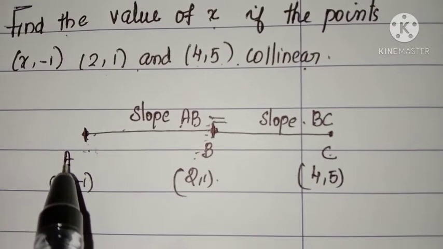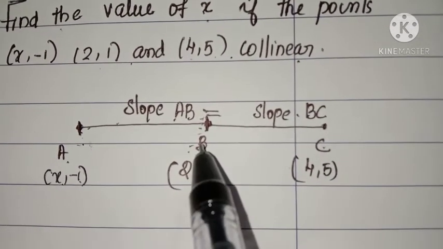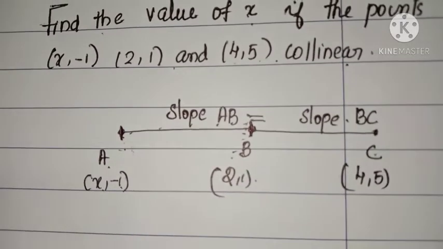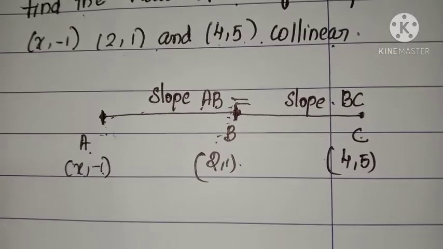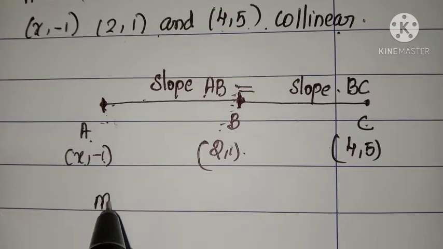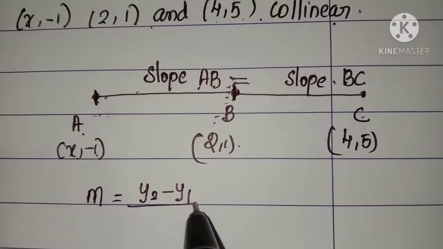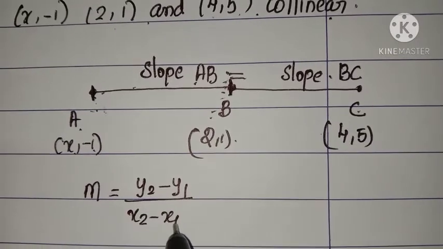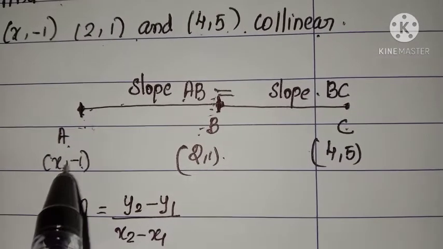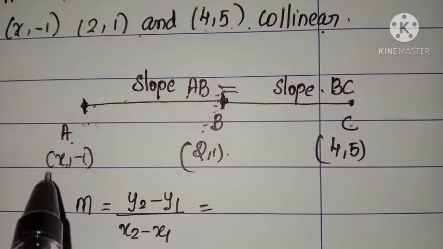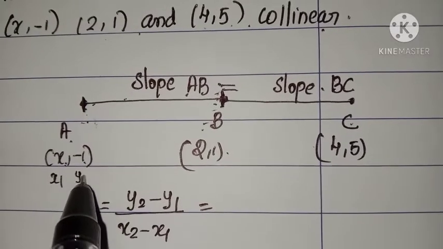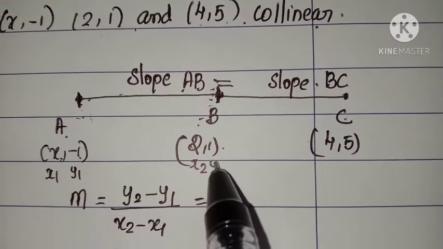The coordinates of A is (x, -1), coordinate of B is (2, 1). So there are 2 points. So what is the slope? y2 minus y1 divided by x2 minus x1. Now put these values. Let us consider this point as x1, y1. This is x2, y2.